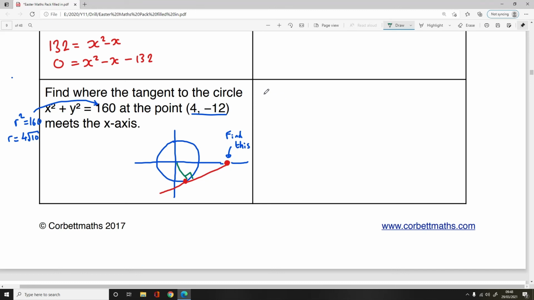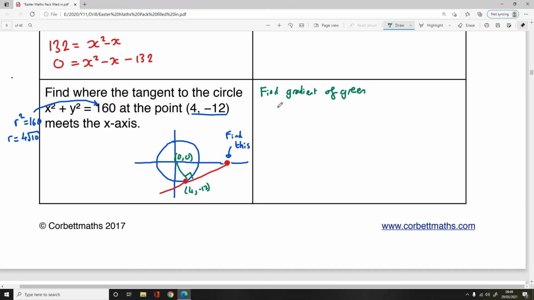So here's our order of things to do. First thing we want to do is find the gradient of green, and the points that we've got on that line are obviously 0, 0 for the origin that it starts at, and 4, minus 12 for where it hits the line, because we're told that point.